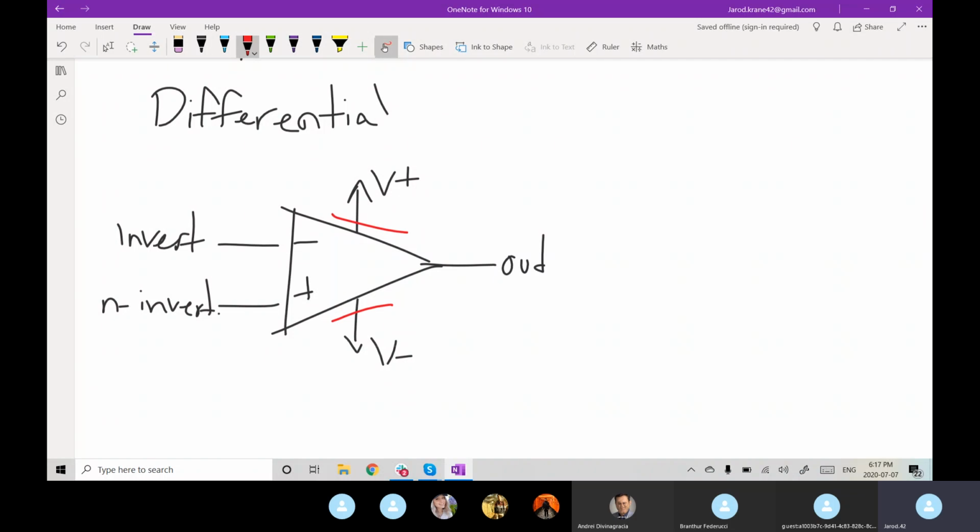In plenty of the non-inverting and comparator applications, these will get tied to whatever your VCC 5V usually is and ground.